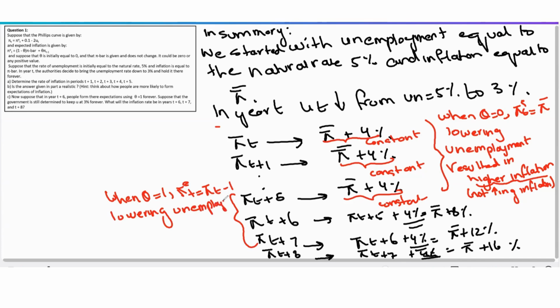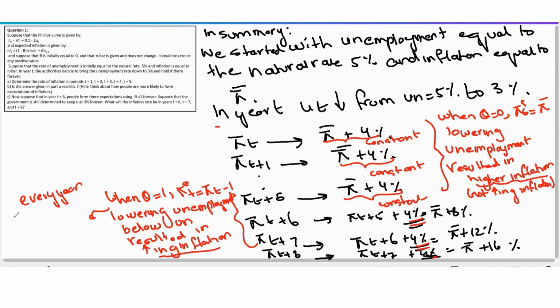This is the difference between the original Phillips curve and the modified Phillips curve. Unemployment below U_N resulted in increasing inflation. Here inflation is increasing by 4% every year. So every year inflation increases by 4 percentage points.